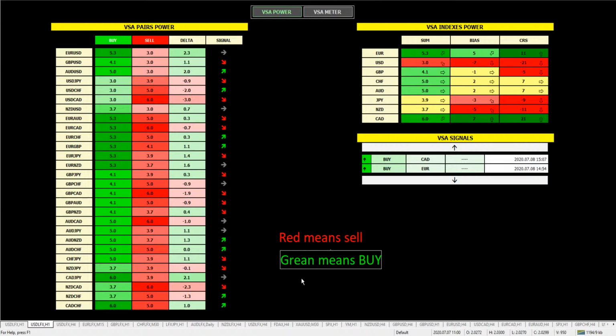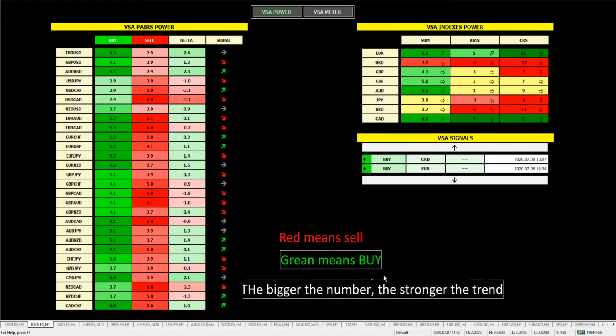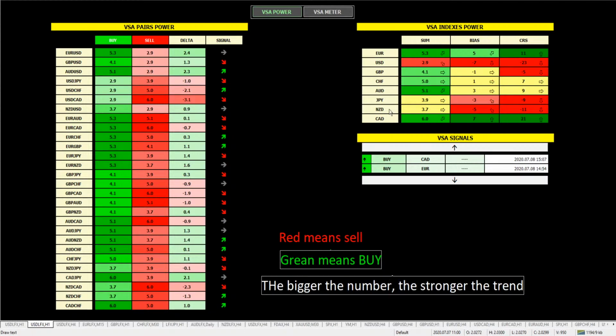The bigger the number, the higher the momentum. The bigger the number, the stronger the trend.